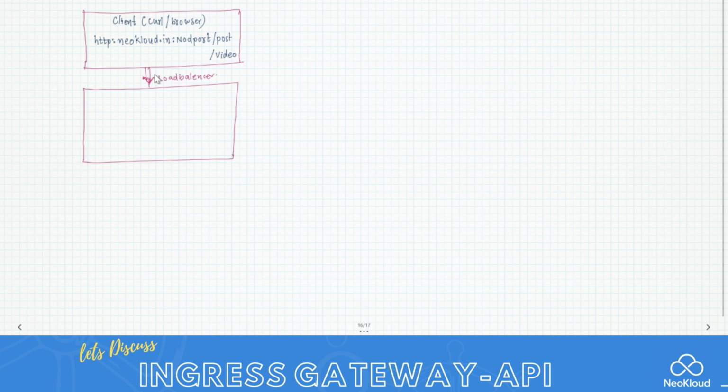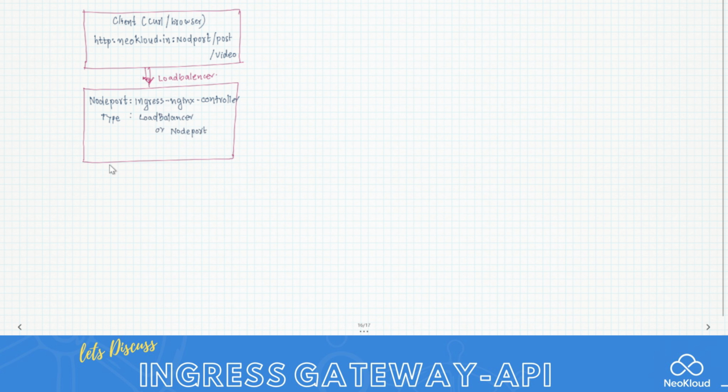So whatever this neocloud.in post or videos, it goes to the load balancer and then comes to the Ingress controller, which has two parts: a node port here in our case, for the Nginx Ingress controller. We won't create it, but it will be created when we install the Ingress controller via the GitHub link. Type could be load balancer. If not present, then node port.